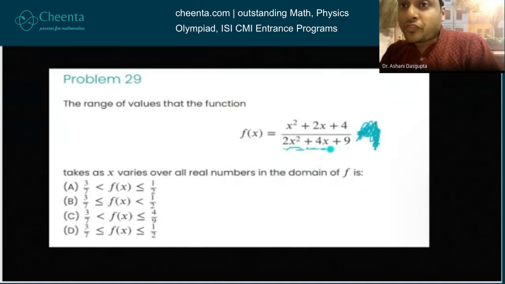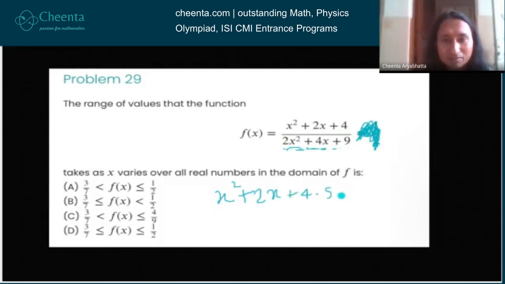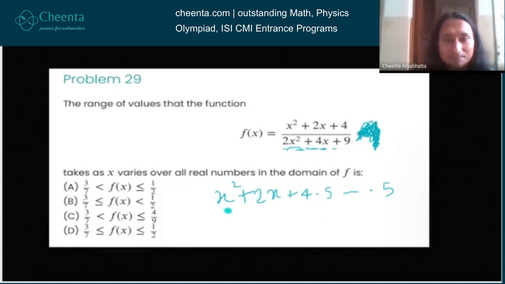So we want to find the range of this particular function. The clue is to know that the denominator looks almost like twice the numerator. So what we do is we write the numerator as x square plus 2x plus 4.5 minus 0.5, and then it's 2 times this.